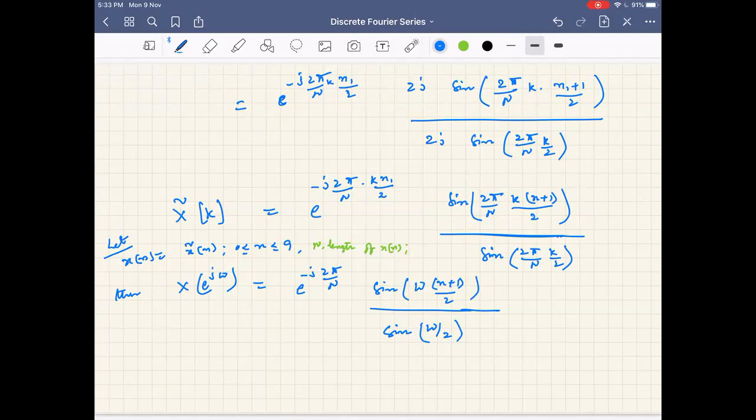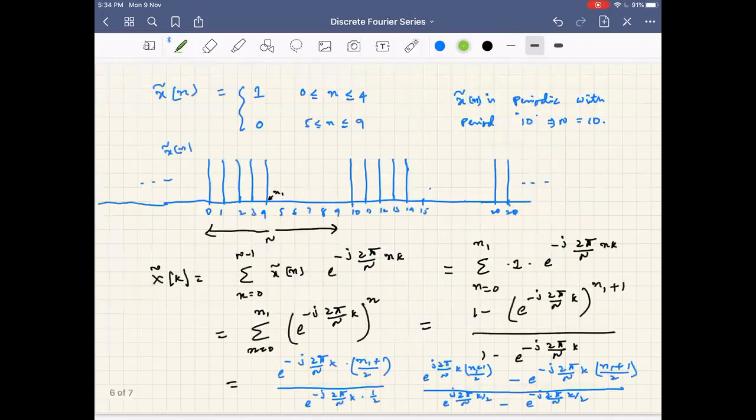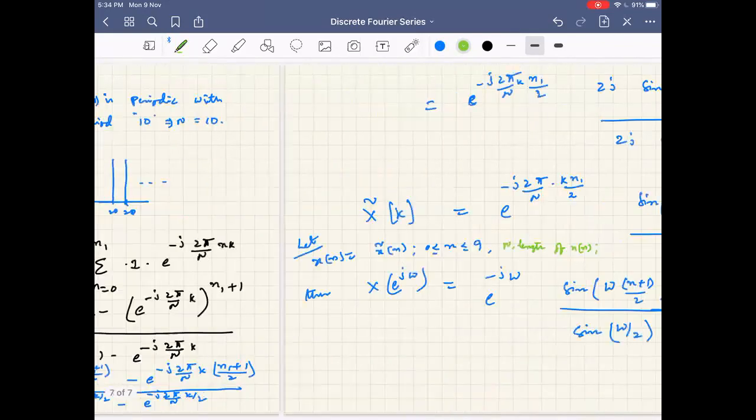So we will see this a little more elegantly. Let us write this part also a little carefully. E power minus j omega, this whole thing captures 2 pi by N into k, which gets captured in omega. Please see the expression. You can redo the substitution and simplification from the definition.